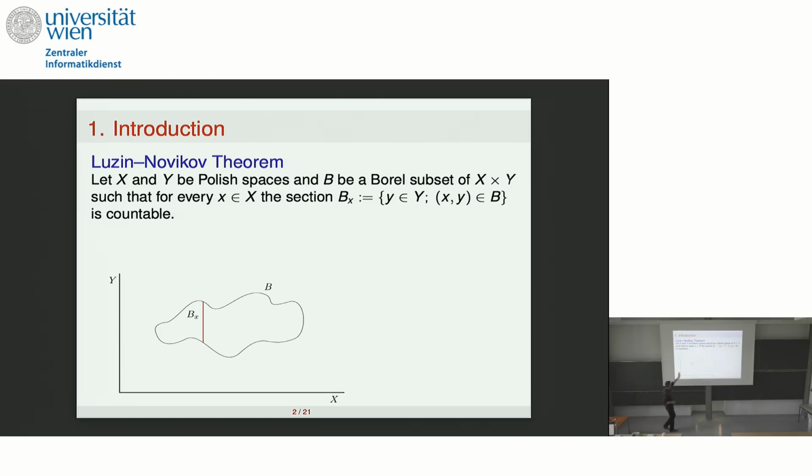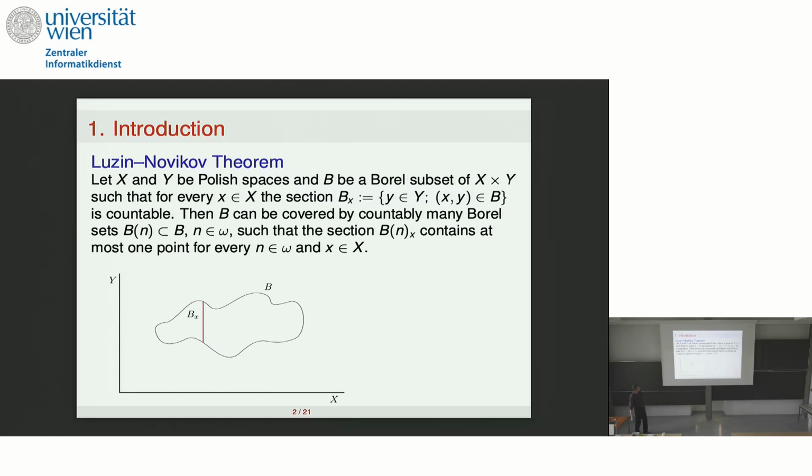So any section of the set is a countable set. Then the Luzin-Novikov theorem says that B can be written as a countable union of Borel sets Bn, which are contained in B. Each set Bn is Borel, and each section of Bn contains at most one point.